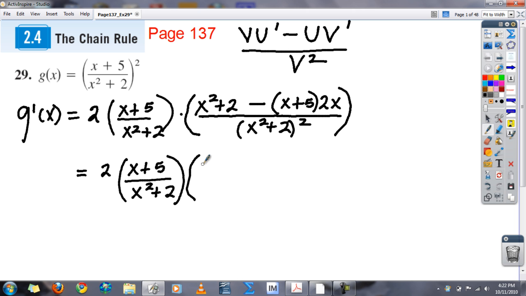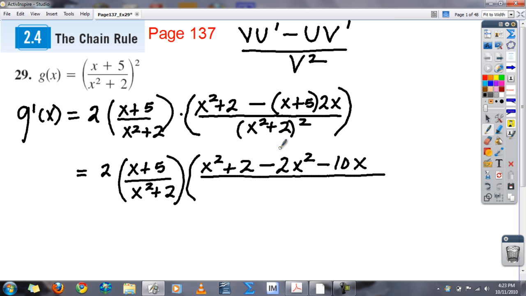So this stays the same, x squared plus 2, and then when I distribute here, I'm going to get 2x times x is 2x squared. Now remember, this negative is going to change all these signs in a minute. So I'm going to have negative 2x squared, and 2x times 5 gives you 10x, but this negative is going to change it to negative 10x, all over this guy.